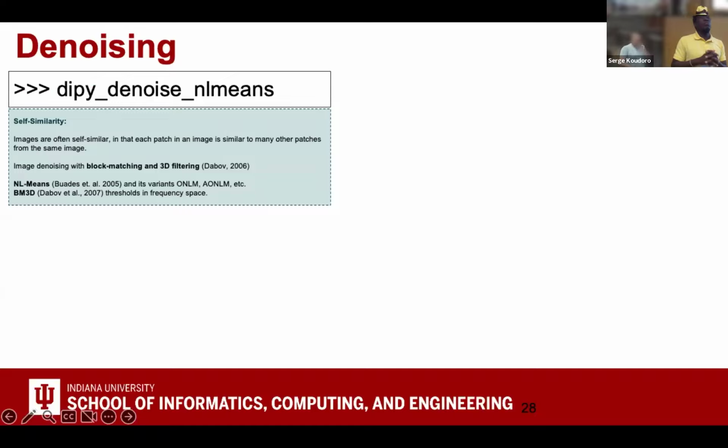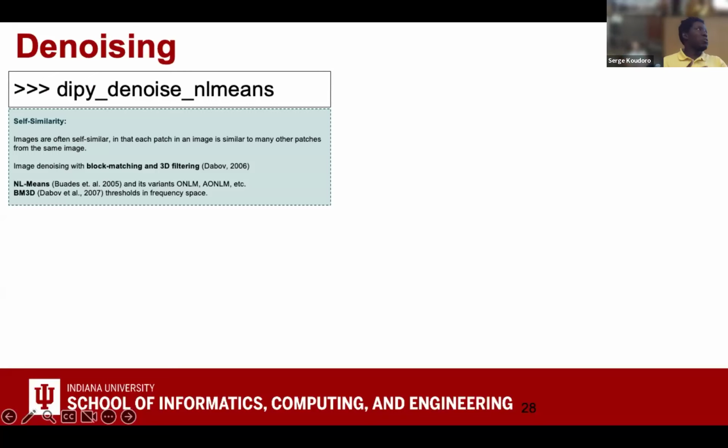The idea of self-similarity is you take a region on the image, and then you look at all the patches around this region, okay? And you see how similar they are to your patch in the middle. When you do that, you attribute to the center voxel the value of what is the most similar. So globally, this is how all these algorithms work.